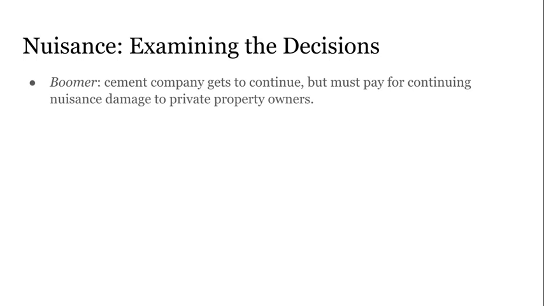But because of the high economic value of what you're doing, we're going to allow you to continue, but you have to pay for the nuisance or damage to the private property owners. So we're going to come up with some formula to determine the reduction in the use and enjoyment of their private property by the 8 to 12 landowners because of the decrease in air quality, at the time of year and how many days of the year that you decrease the air quality sufficiently that they can't use the outside at all hours of the day or at times, and so on and so forth.